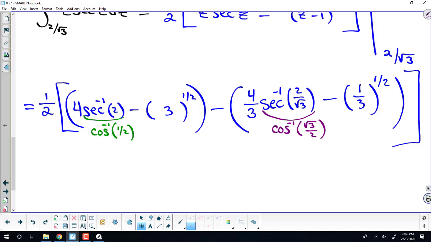So cosine of pi over 3 is 1/2. So the inverse cosine of 1/2 is pi over 3. The cosine of pi over 6 is root 3 over 2. So the inverse cosine of root 3 over 2 is pi over 6.